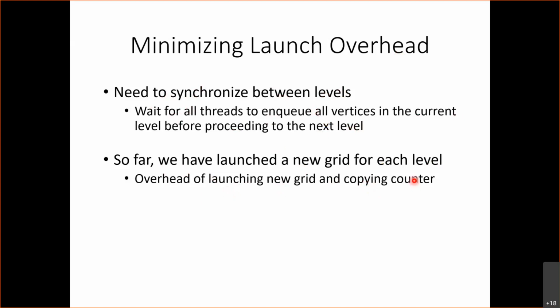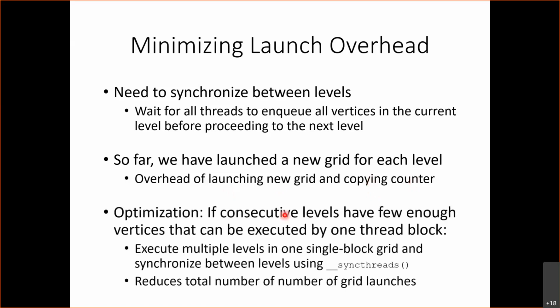If consecutive levels have few enough vertices that they can be executed by one thread block, then we can execute multiple levels in a single thread block and synchronize between them using __syncthreads. This reduces the total number of grid launches that we need to make.